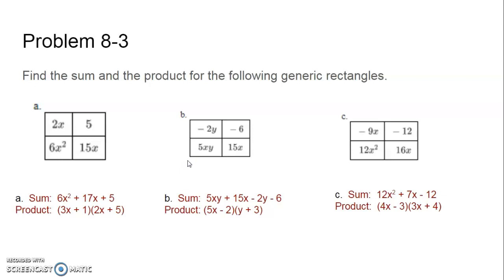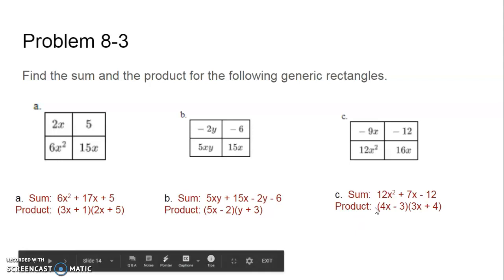All right, and then it's 5x minus 2, right? So I would say your 5x here, negative 2 here, so then your y would have to be here and your positive 3 down here. Right, and then the last one, 12x squared plus 7x minus 12, right? And you could combine these two here, right?